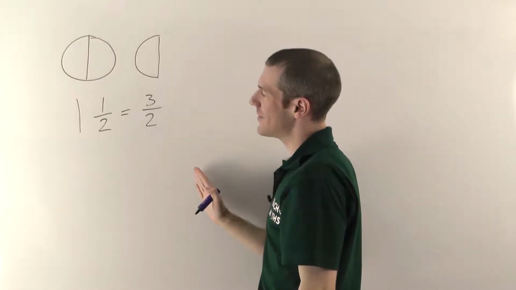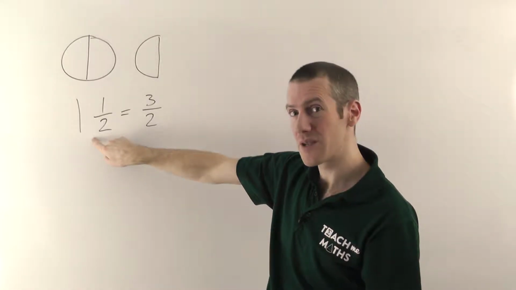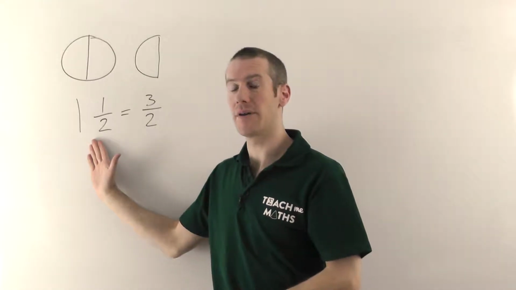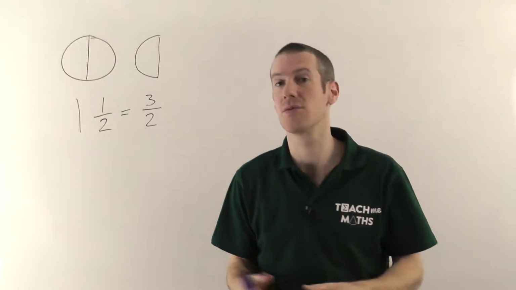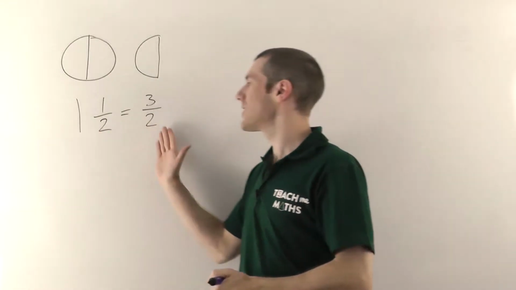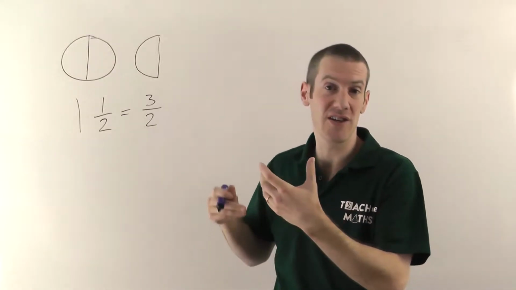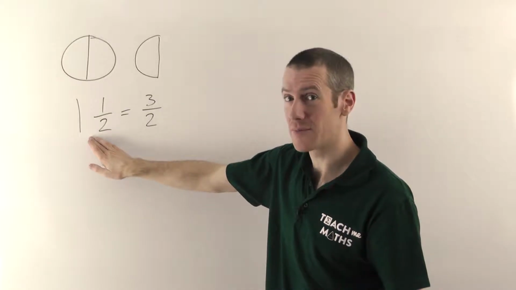But in general, the main thing you need to learn here is that you can't do maths on mixed numbers. So if you're ever given a mixed number as a question and you need to do something with it in maths, like add or subtract to another fraction, then you need to convert it into a top-heavy fraction first. The various operations we learn, when you're multiplying or dividing or adding or subtracting, they don't work on mixed numbers.